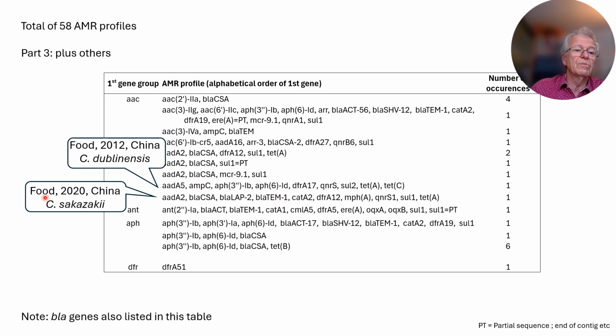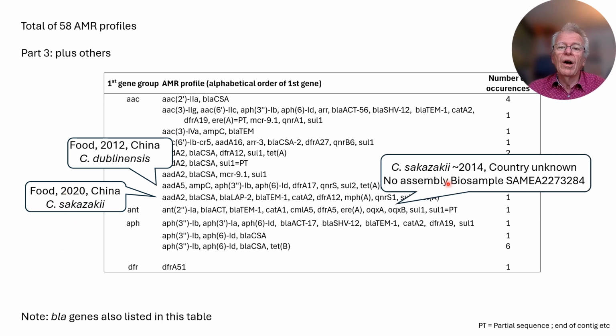And that again is the food one from China, 2020, Cronobacter sakazakii. This one here, you can see again, it's got the multi-drug efflux systems, but again, there's no assembly available, but there's a biosample if anyone wants to try and look it up and find out a bit more.